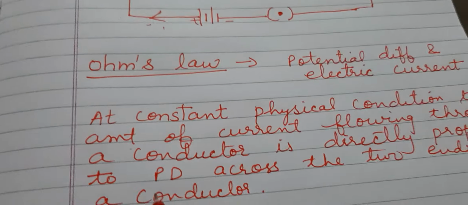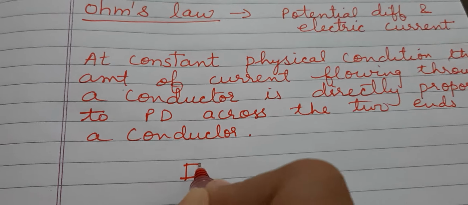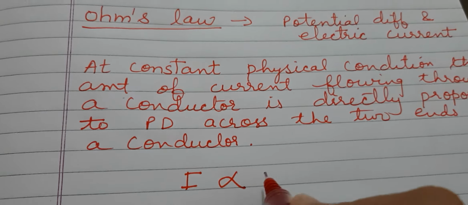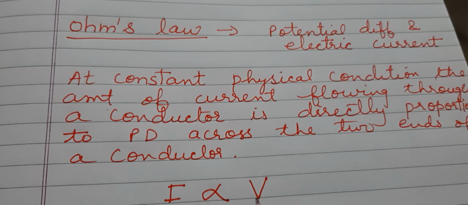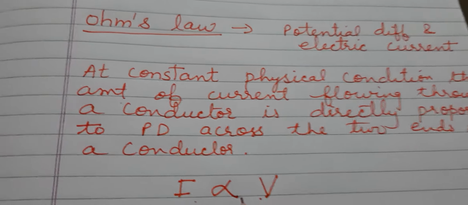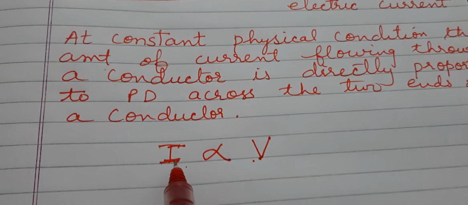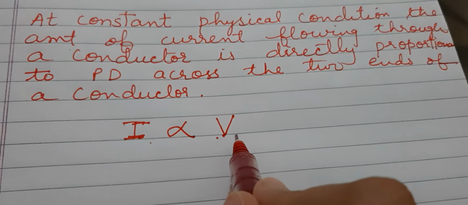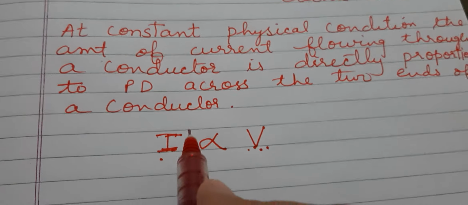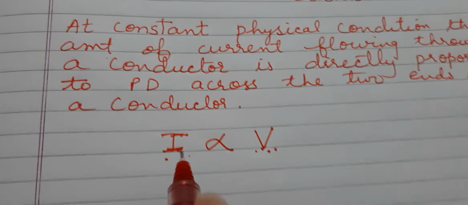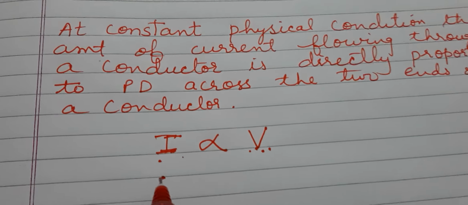So what does Ohm's law say? The amount of electric current is directly proportional to the potential difference across the two points or two ends of a conductor. Directly proportional means, suppose if I increase I by 1 unit, V also increases by 1 unit. If I increase I by 2 units, V also increases by 2 units. Now we will apply a proportionality constant.